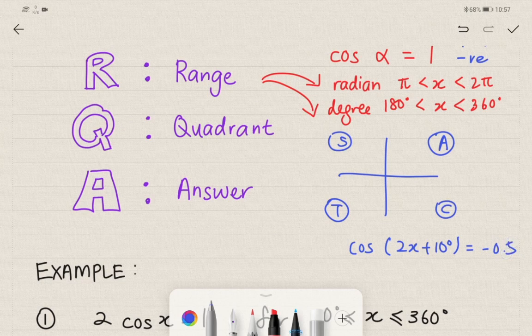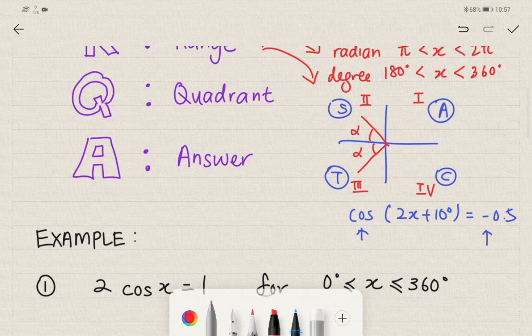When we have cos and it's negative, we know that it will be located at quadrant number 2 and quadrant number 3. This is 1, 2, 3, 4. So this one will be our alpha, this one will be our alpha, and thus we can find the answer. So this is what it means by quadrant.